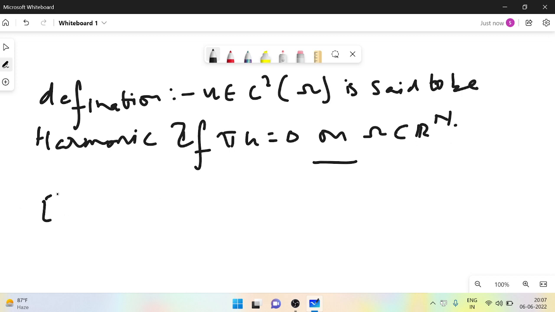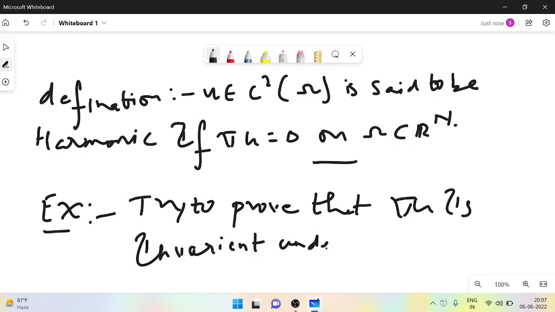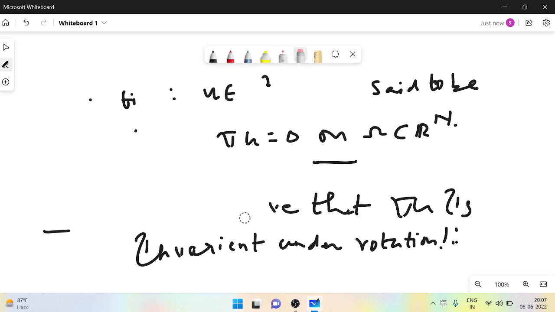This is an exercise that I give: try to prove that the Laplacian operator delta u is invariant under rotations. I have given out the proof in the notes, just check that out. It's not that difficult.